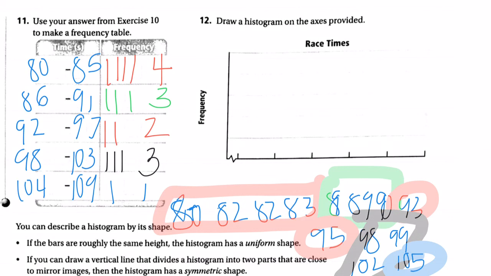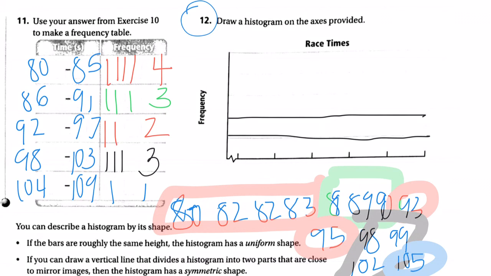So now when I go over here to the frequency table, I'm going to draw a bar graph. On this frequency chart in the histogram, over here in number 12, these lines tended to fade a little bit, so on your paper you should have lines that are going across. Something like that.